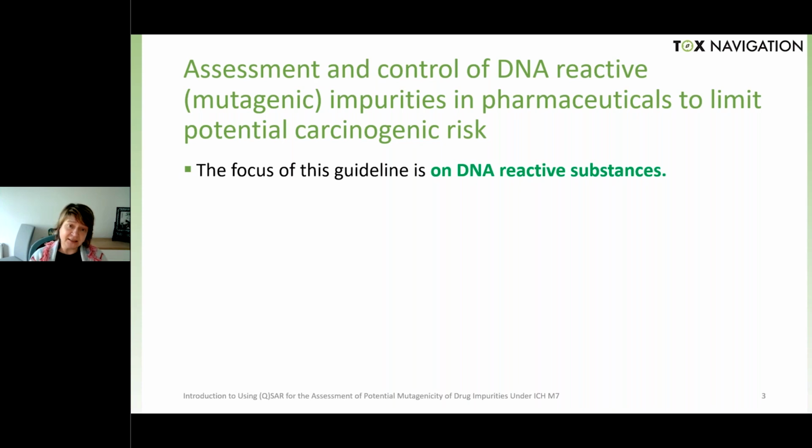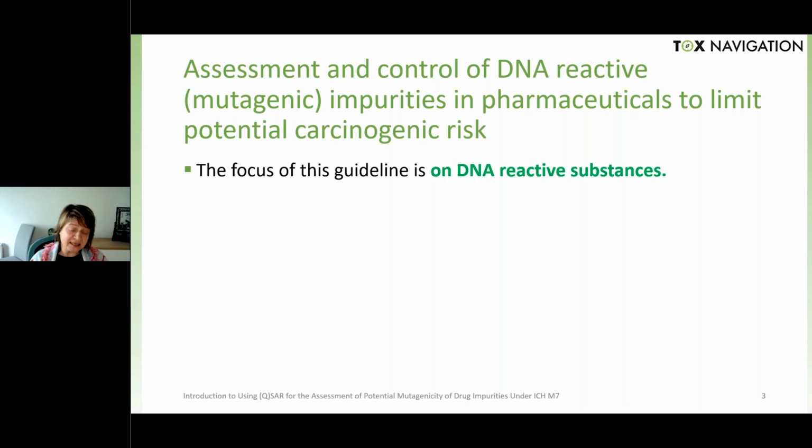And typically, this type of mutagenicity that we are trying to monitor is related to a reaction between the chemical and the DNA. So it is well defined and well described. This type of mutagenicity is detected in vitro or in vivo by a variety of different tests, different assays.